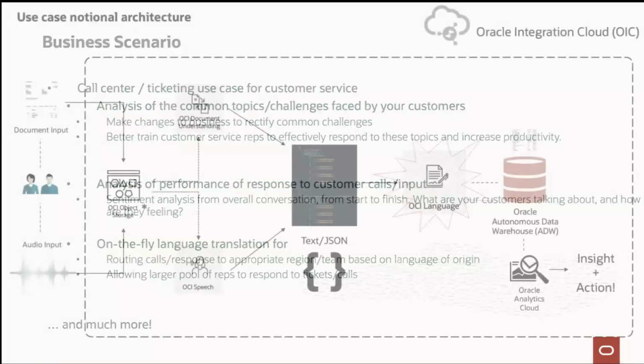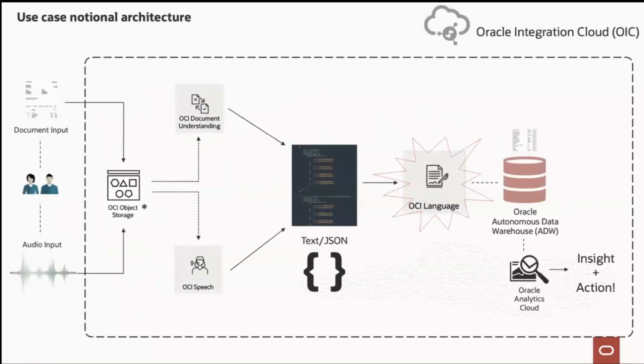So now let's shift into the notional architecture of what something might look like with all of these services together. We saw document understanding and speech from our previous slides. These allow us to ingest data in a number of supported formats.